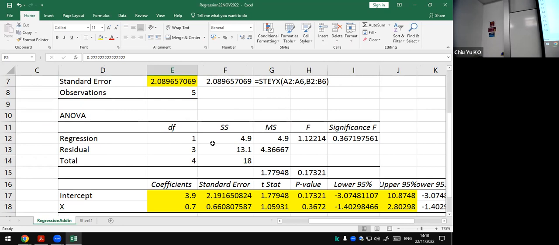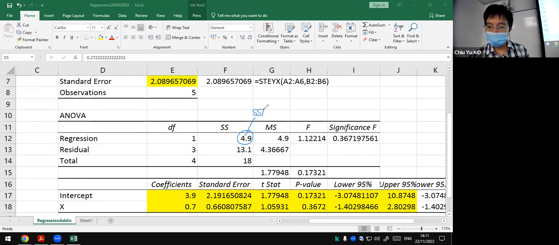This is the one that you actually use, and I hope you know how to handle it. So by construction, this is SSR, and this is SSE, and this is SST, right? You should be able to see that, right?